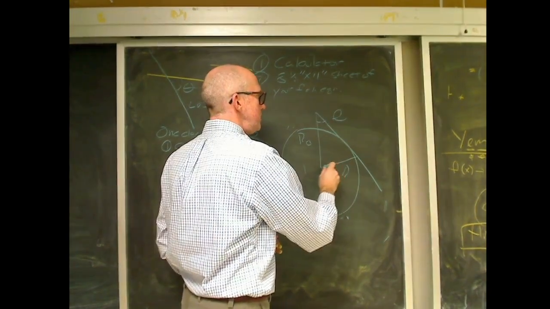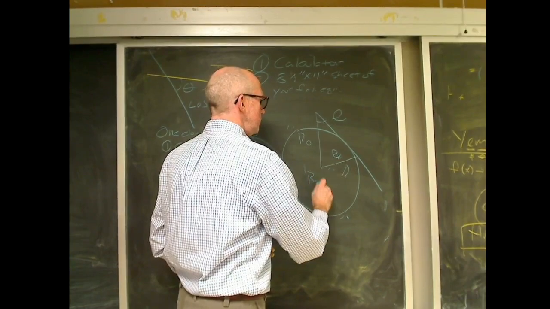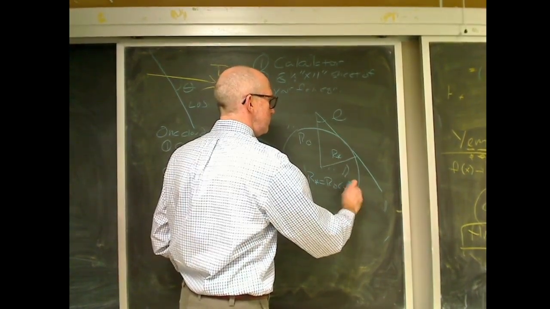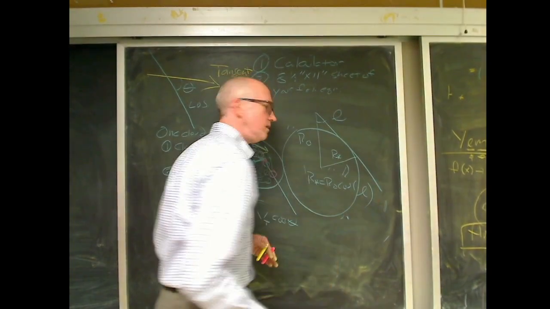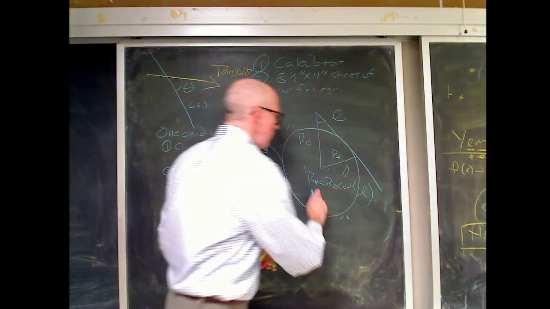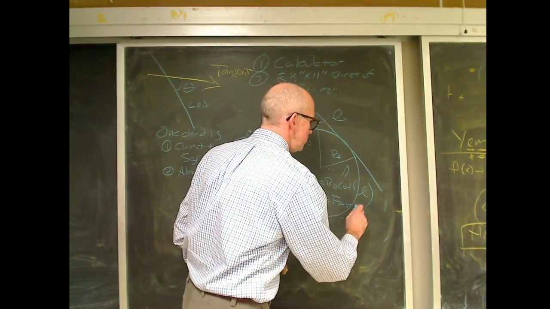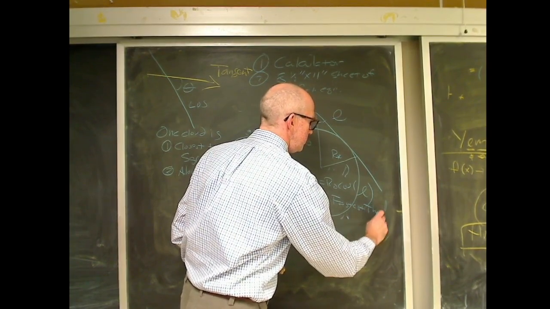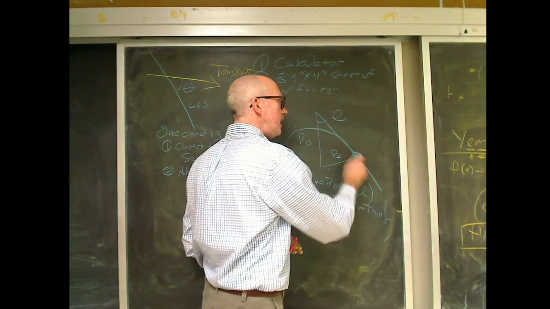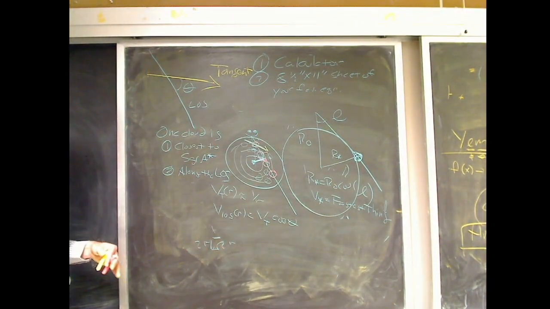So this radius, R star, is R naught times cosine of L. And V star is the fastest thing I measure. And it works to give me the cloud that's at this point by the geometry, by the tangent.